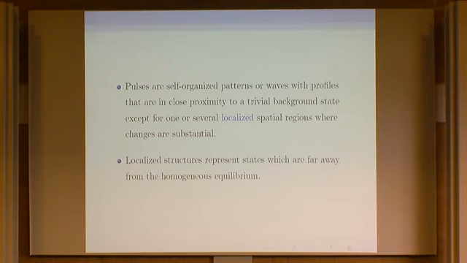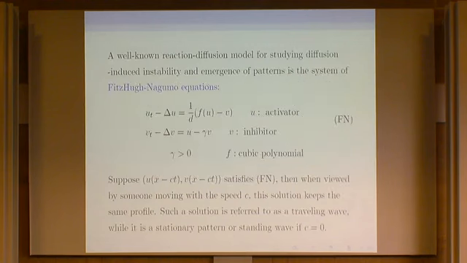And if you want to use, mathematically, a bifurcation method, it's difficult to prove such existence results. So in today's talk, I'd like to look at the so-called FitzHugh-Nagumo equations.